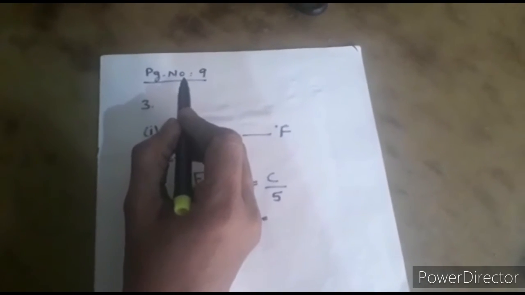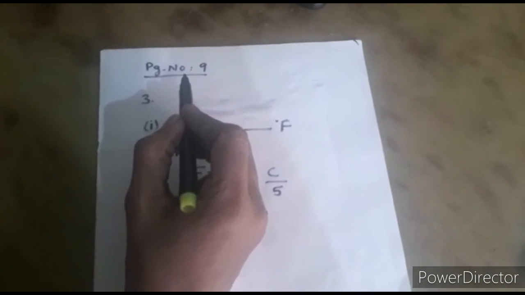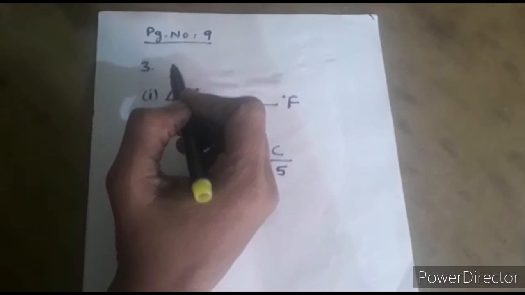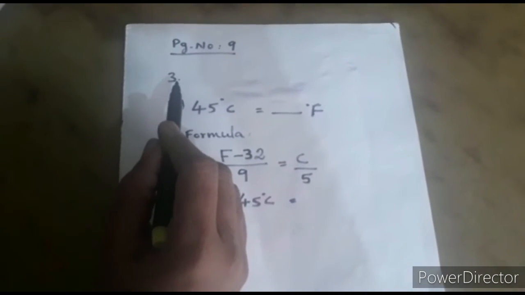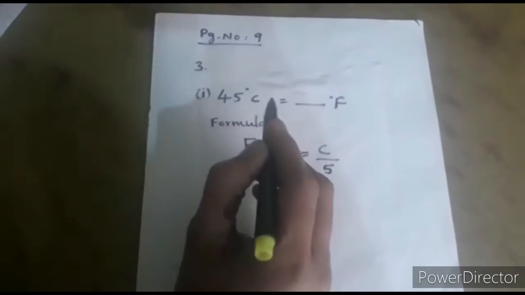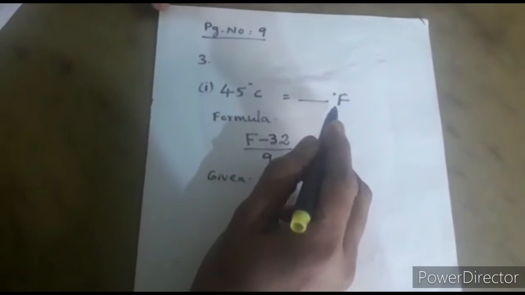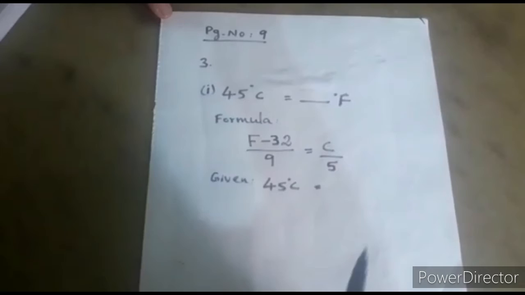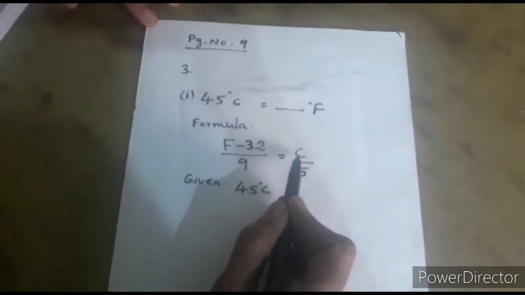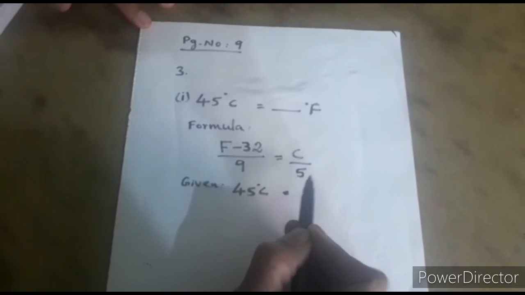Page number 9. Convert the following given temperatures is asked. Isn't it, children? Take page number 9. Third sum. You have to convert Celsius into Fahrenheit. The formula is F minus 32 divided by 9 is equal to C divided by 5.